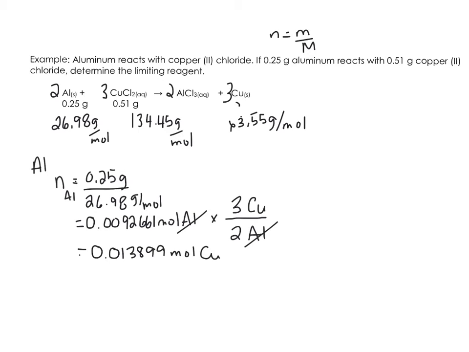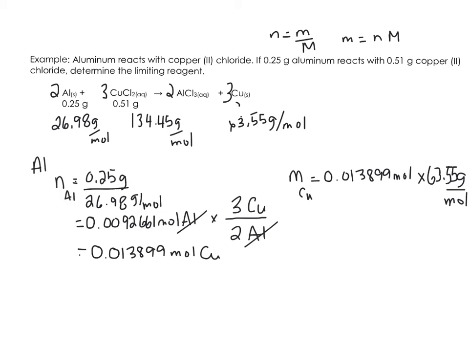Now we have moles of copper. We need to figure out the mass of copper. So mass of copper is moles times molar mass. So now I'm going to take my moles of copper, and you always have to make sure you've got the right number of moles. If it's copper, you have to use the moles of copper and the molar mass of copper.